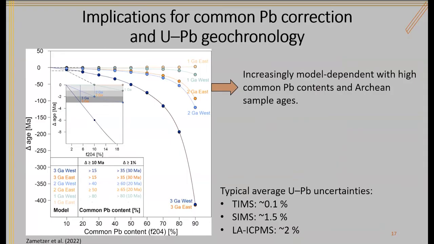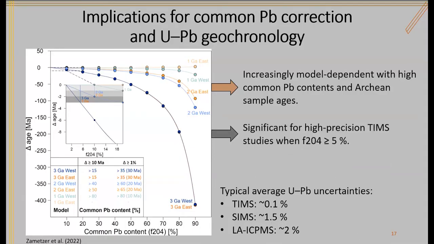And this is shown by these gray bars in the inset. Where the curves intersect the gray bars, this is the minimum common lead content that would be required to make the difference significant for TIMS analysis. And here for old sample ages, for the 3 Ga curves, it is significant with lower common lead contents, greater than 5%.